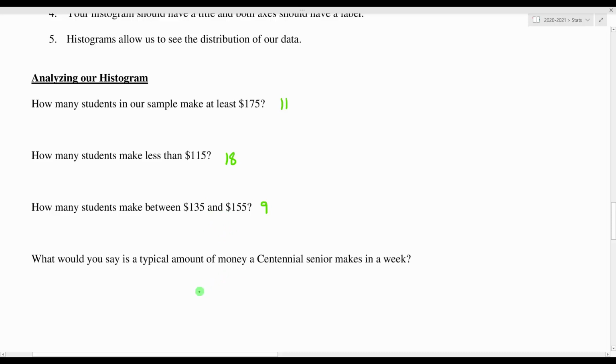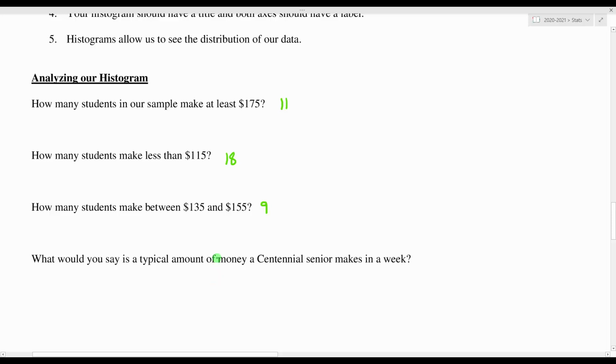All right, and now this is the powerful question. This is the kind of question that we're going to be trying to answer all throughout the semester. And it is answering the question of, what is a typical amount of money that a Centennial senior makes in a week, right? That's a very powerful statement to make. If I said seniors at Centennial typically make, I don't know, $150 or $180, you want to have your data back that up.